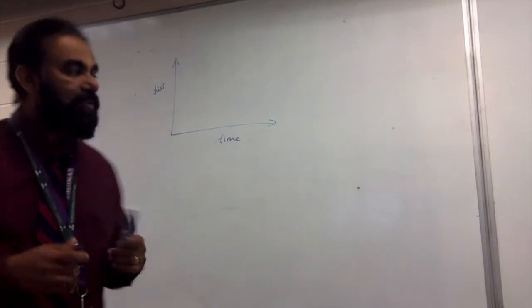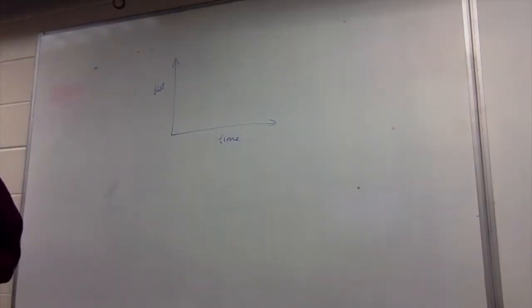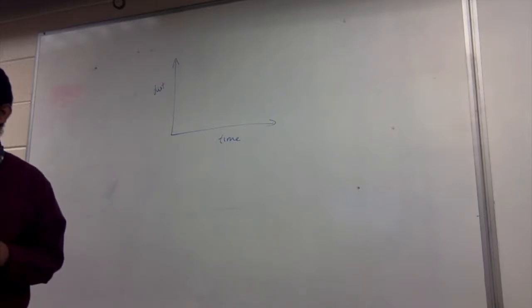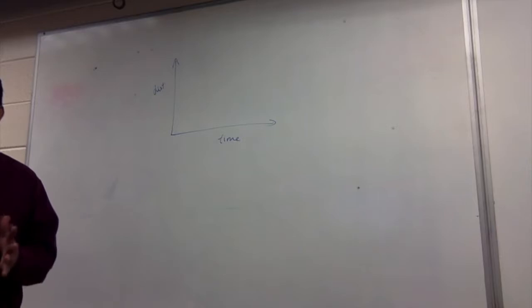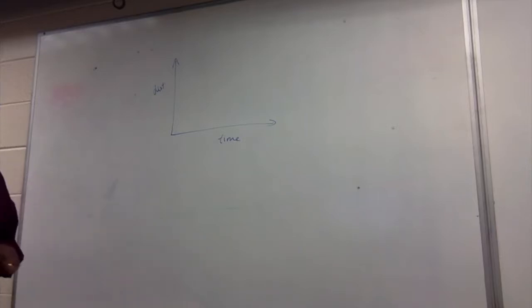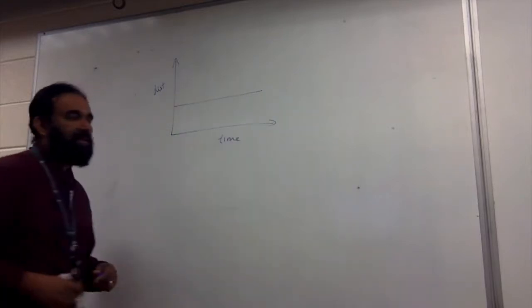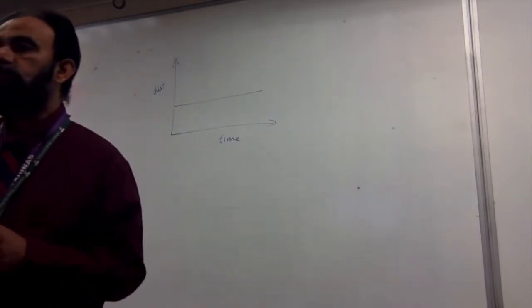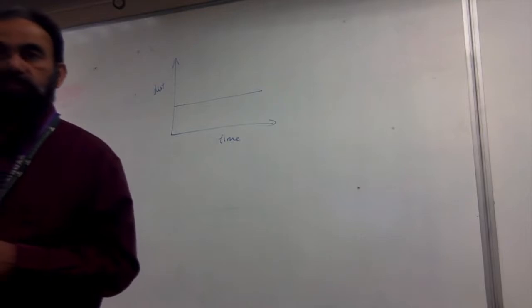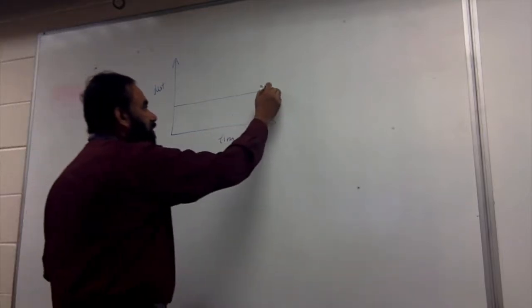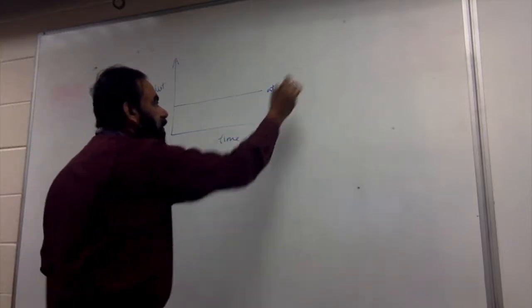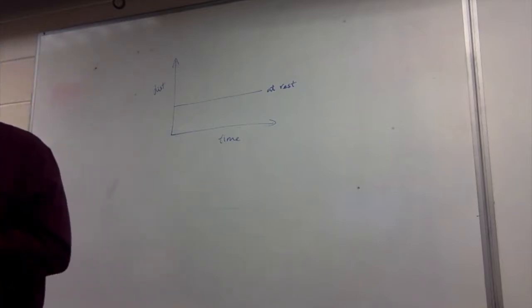Now I'm going to draw some lines on this, and you tell me what that line represents. Now what is this line on a displacement time graph? Yes. Standing still. This line implies at rest.